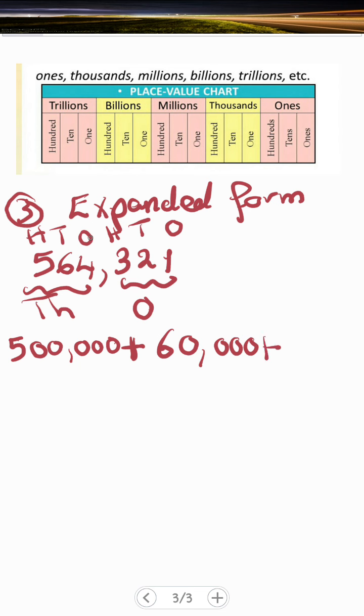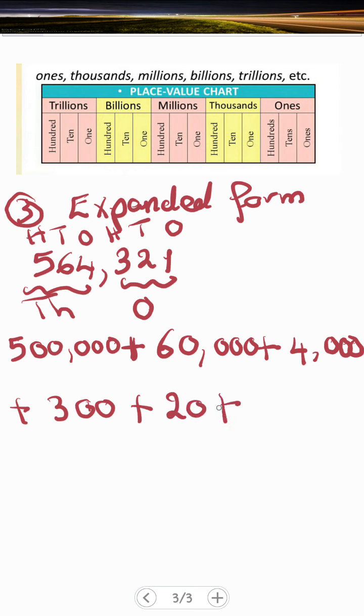Plus 4,000. Plus 300. Plus 2 tens, so it is 20. Plus 1 ones, and it's only 1. And this is called the expanded form of the number.